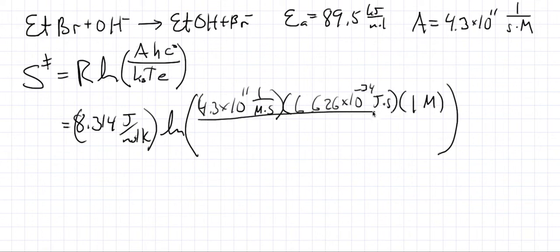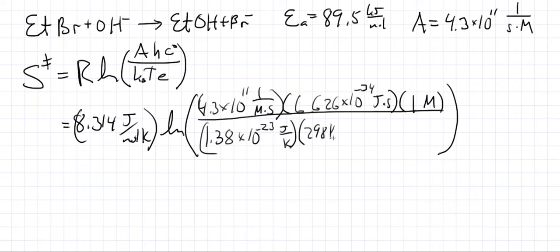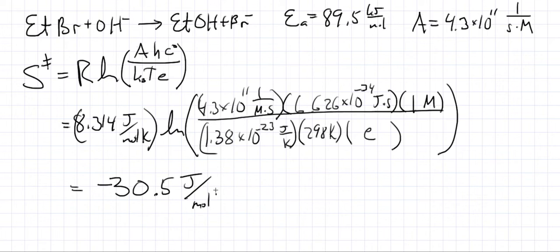And then we divide by kT, with k being 1.38 times 10 to the negative 23rd joules per Kelvin. We're doing this at 298 kelvins, and we have e, 2.71, etc. If you plug all that in, we get that delta S double dagger is negative 30.5 joules per mole per Kelvin.